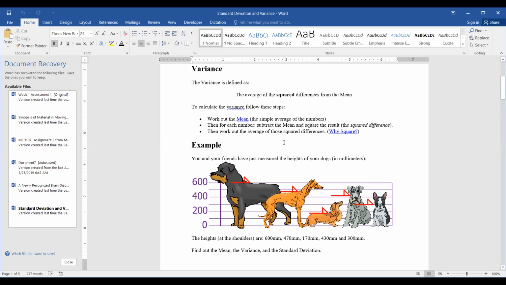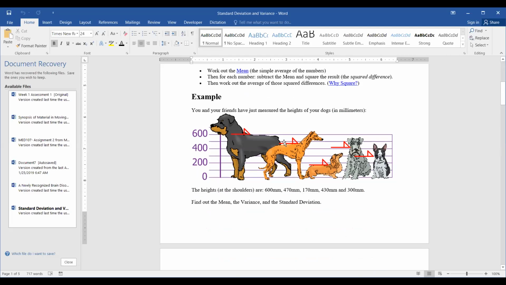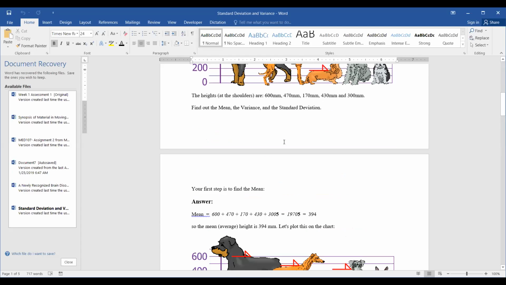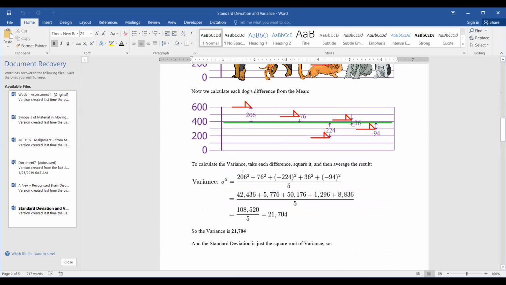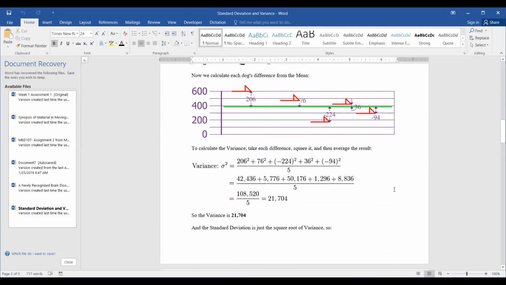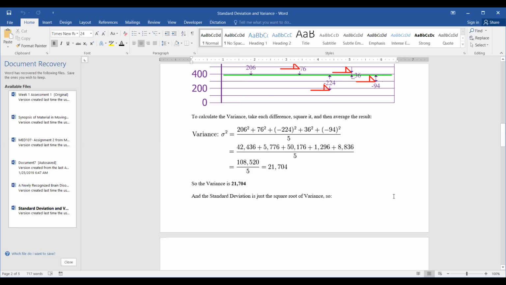So all we do is look at the mean, calculate the mean, calculate the average difference, and this looks complicated, but if we do this in Excel, the variance turns out to be calculated in that fashion.